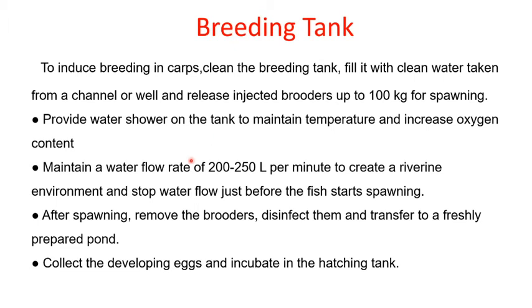We should maintain a water flow rate of 200 to 250 liters per minute to create a riverine environment and stop water flow just before the fish starts spawning. After spawning, remove the brooders, disinfect them and transfer them to a freshly prepared pond. Collect the developing eggs and incubate in the hatching tank.